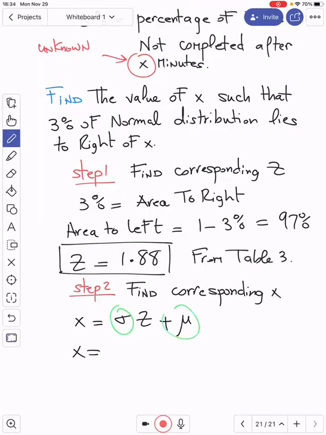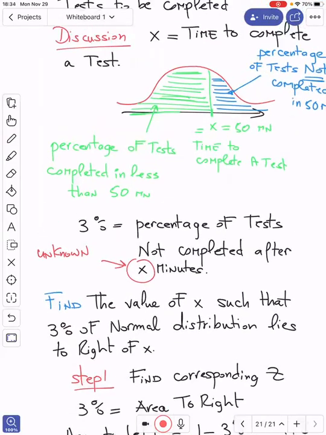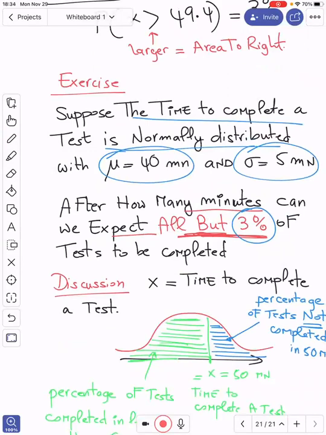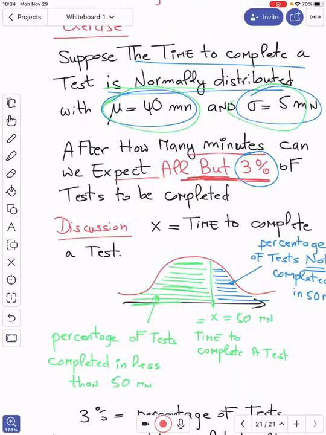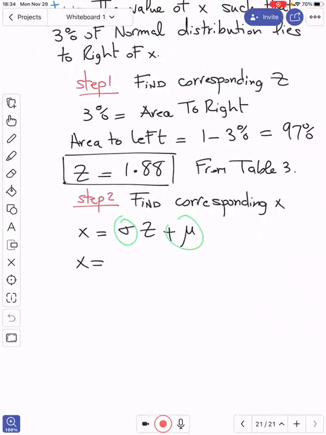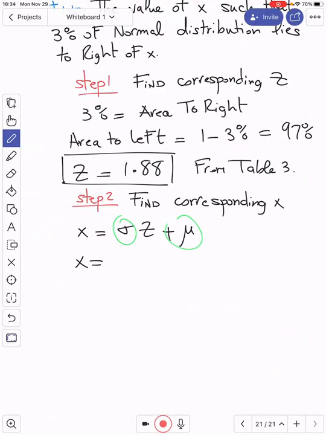The standard deviation and the mean are given in this problem. It's normally distributed with mean 40 and sigma is 5. So 5 times 1.88 plus 40. So x is actually 49.4, I think, minutes.